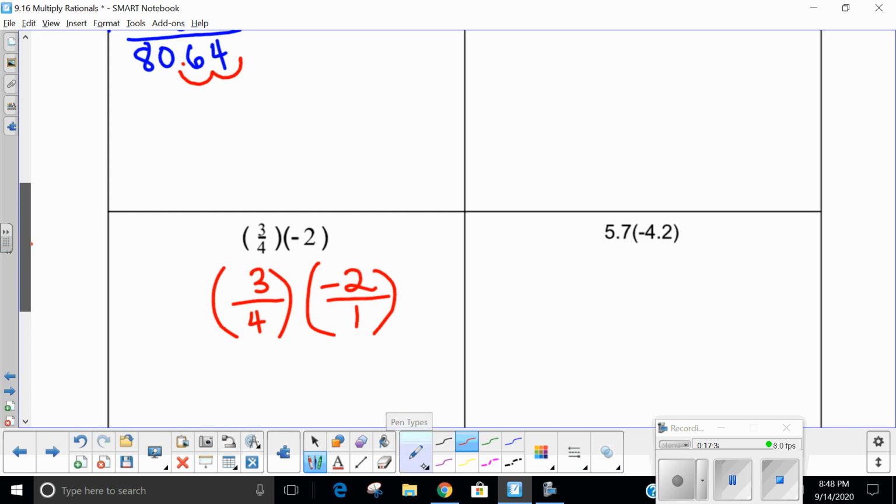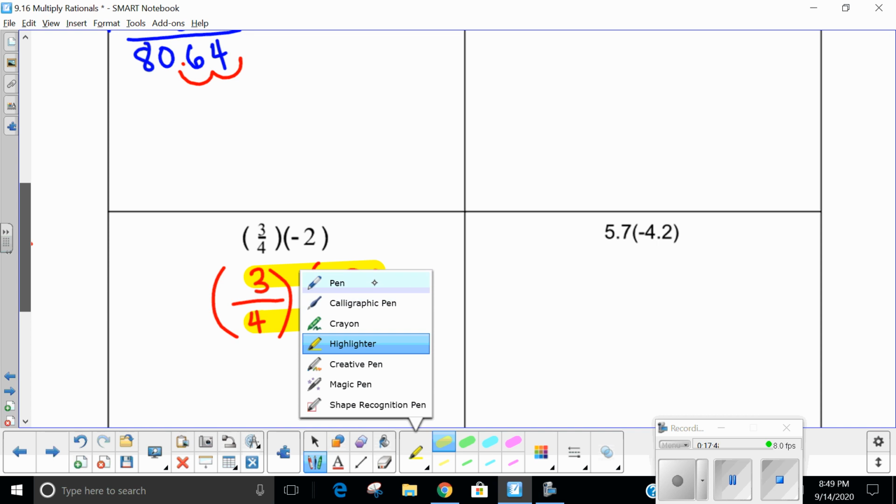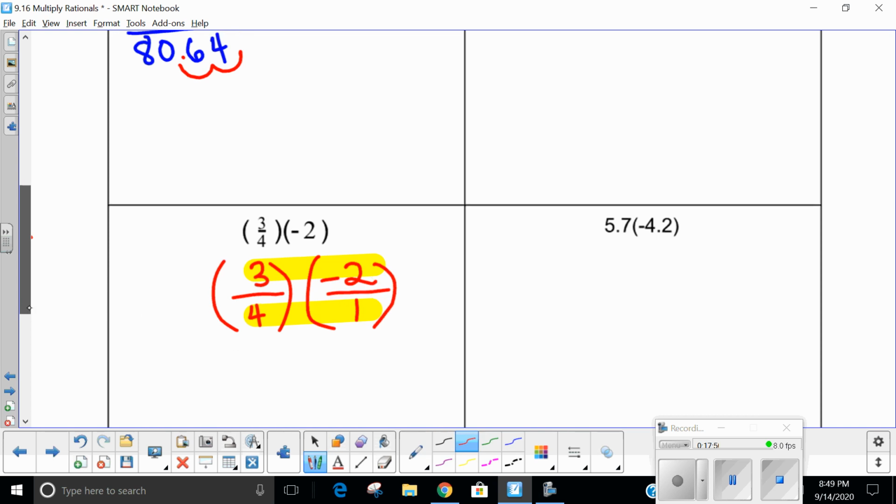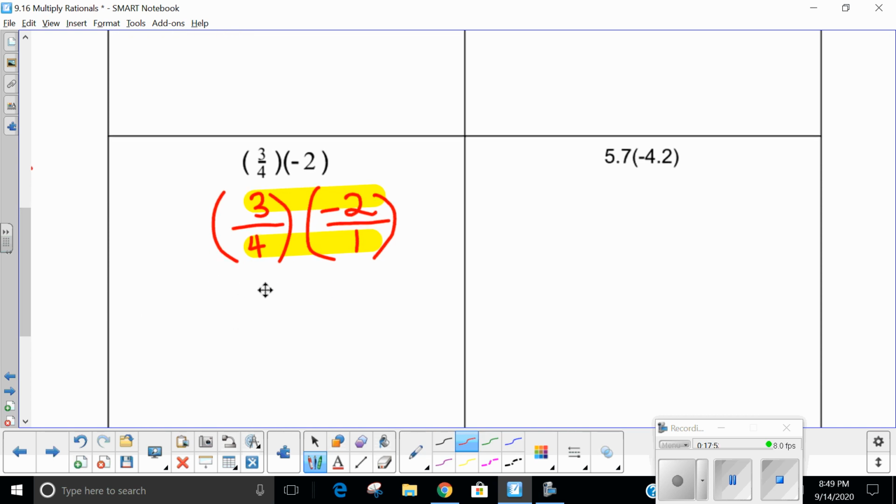Now it's really easy because all I have to do is multiply these two numbers together and multiply these two numbers together. So we're going to say 3 times -2 is equal to -6 over 4 times 1. This means multiply when they're side by side like this. 4 times 1 is 4.